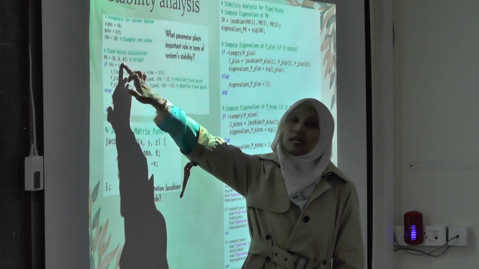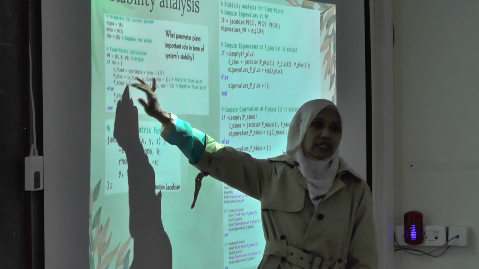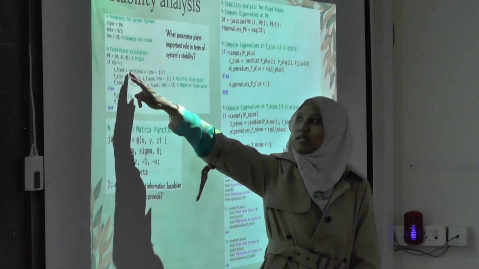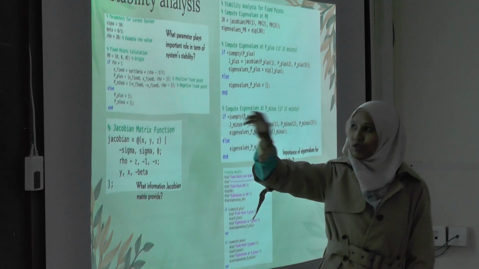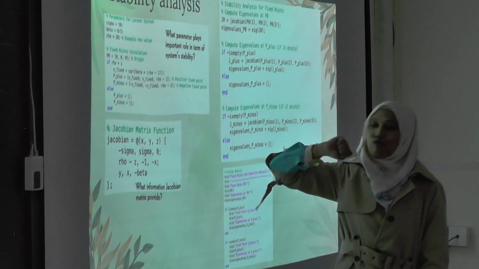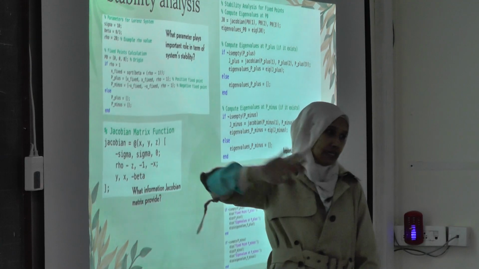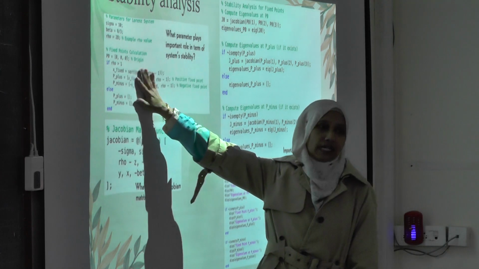This is our trivial fixed point, and this one is our non-trivial fixed point. As you can see, our square root of beta times rho minus 1 from just now. This is what we input, and we have positive and negative, so that's why we have P plus and P minus. Okay, so this is for fixed point calculation.